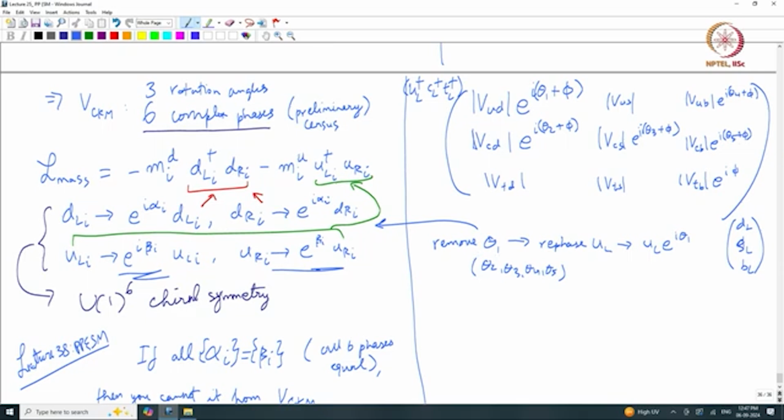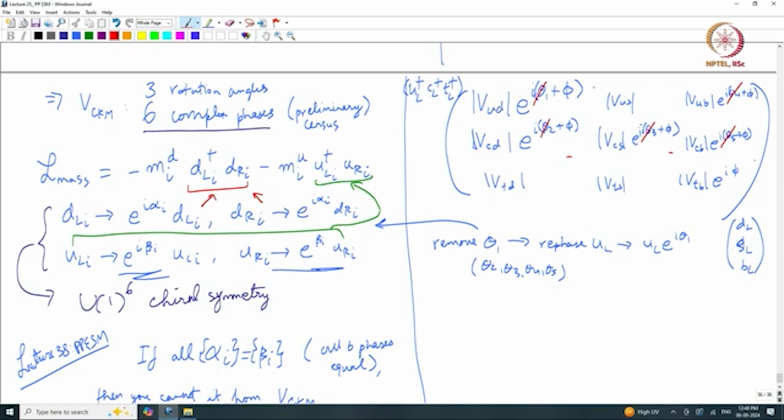So, let me just do that now. I have removed this, this, this, this and this appropriately by picking some field or the other on the left or the right and refacing that particular field to remove those 5 phases. But now you can see that I am still stuck with e power i phi, right, and that is still sitting 1, 2, 3, 4, 5, 6 in 6 different places.